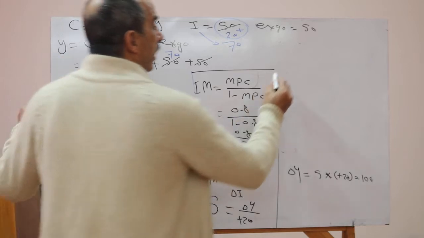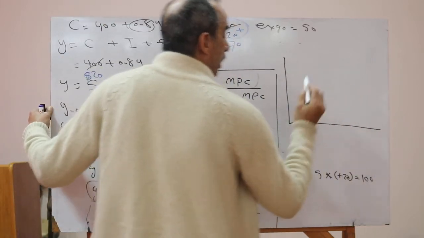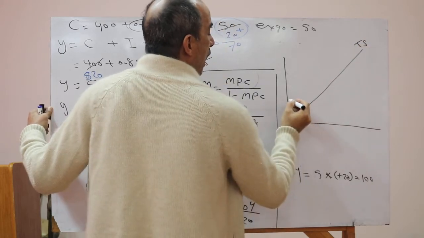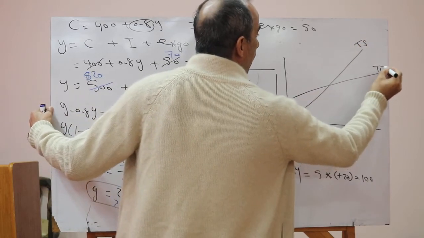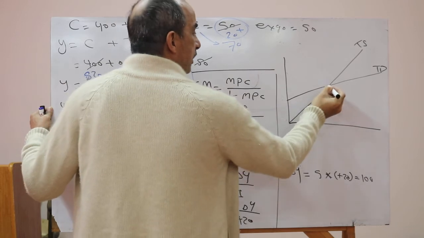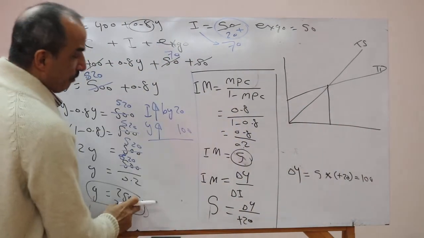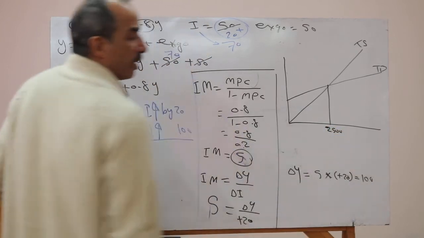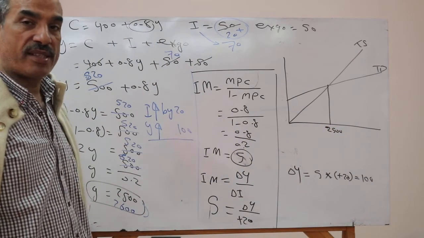And in this graph, this is total supply, and this is total demand. This is the equilibrium income before the change in investment.